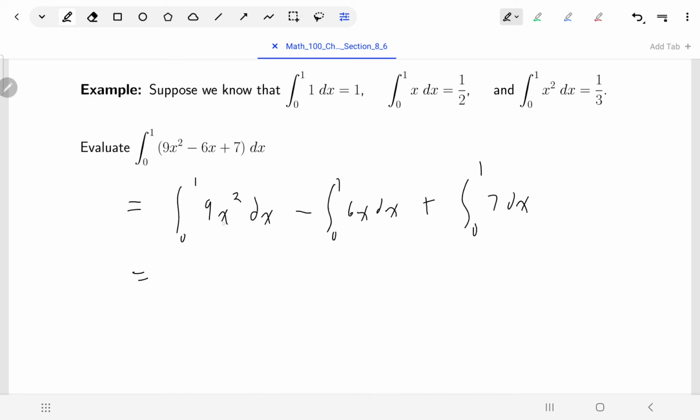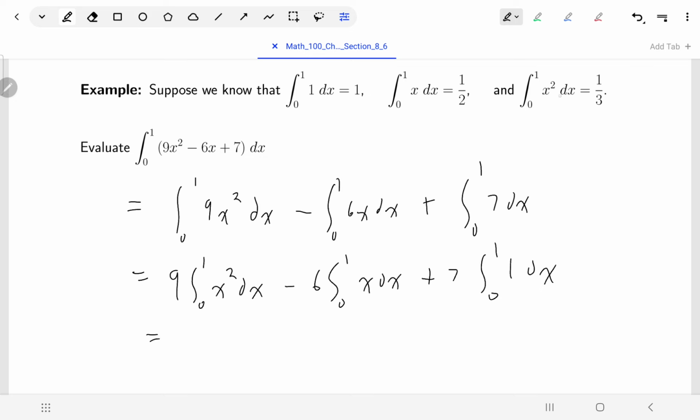And I also know that 9, 6, and 7, those are all constant multiples, so those could come outside. I'd have really 9 times the definite integral of x squared minus 6 times the definite integral of x plus 7 times the definite integral of 1. And now I can use what I've been given.